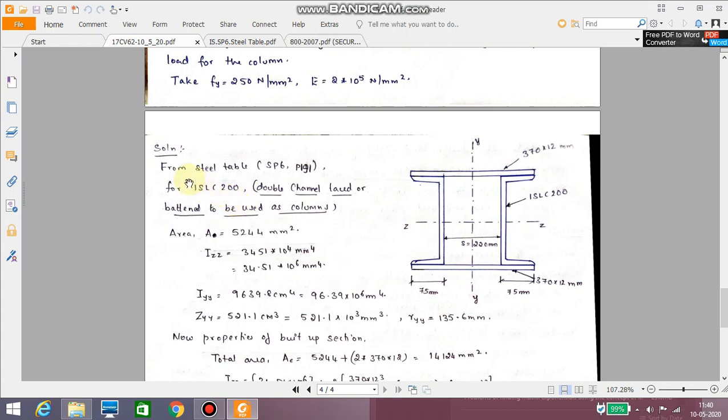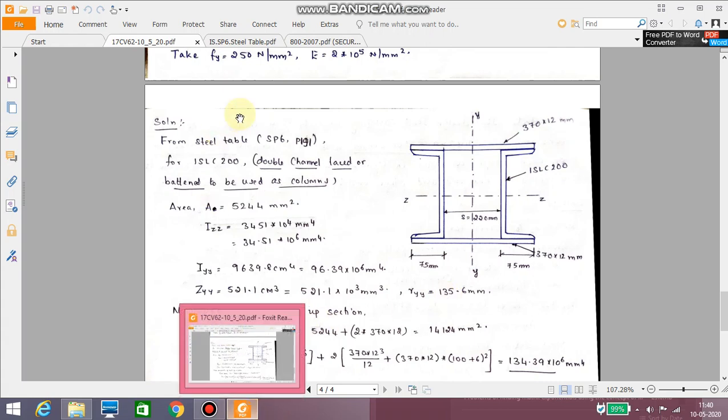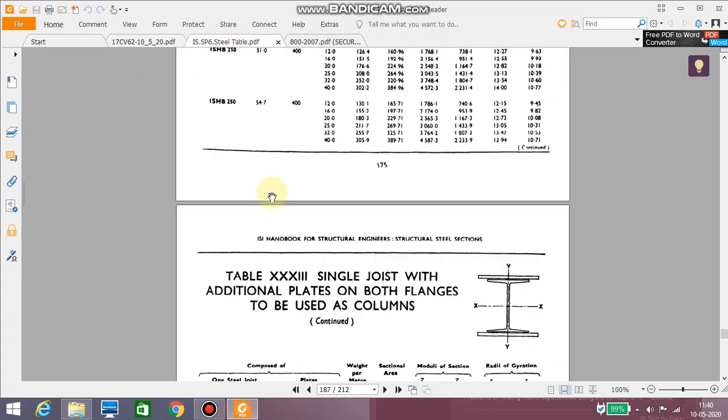So here from steel table, SP6 page number 191 for ISLC 200, the double channel laced or batten to be used as columns, we get the area equal to 5244 millimeter square, IZZ equal to 34.51 into 10 raised to 6 millimeter power 4, and IYY equal to 96.39 into 10 raised to 6 millimeter raised to 4, ZYY equal to 521.1 into 10 raised to 3 millimeter raised to 3, and RYY is 135.6 millimeters. So let us go to page number 191.